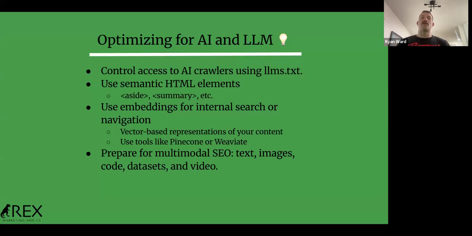So we need to make sure, especially when it comes to images, we have alt text describing our images so that if a crawler comes to our site, they can understand what the image is about.